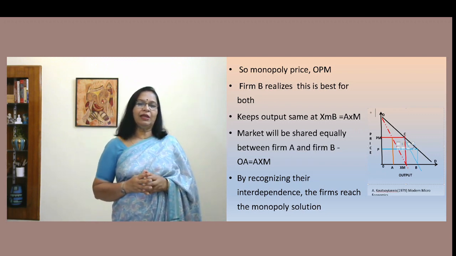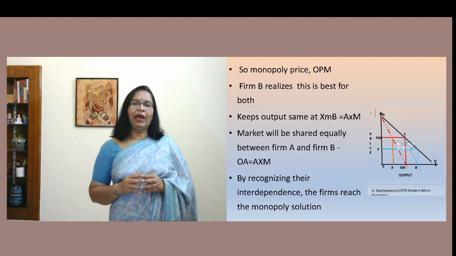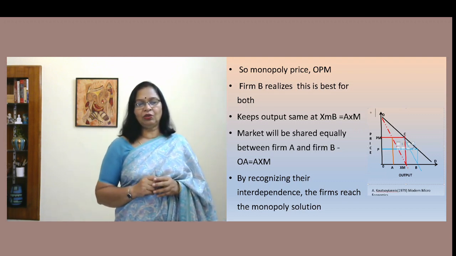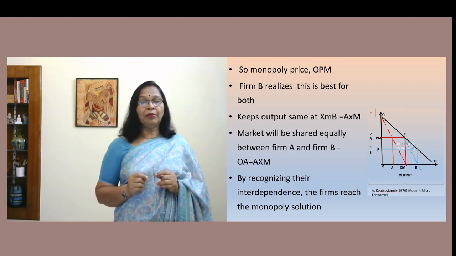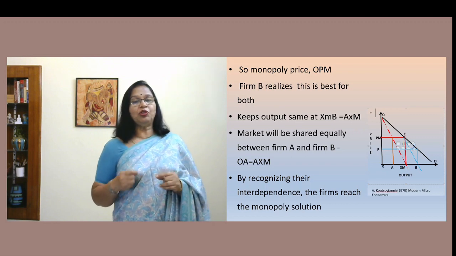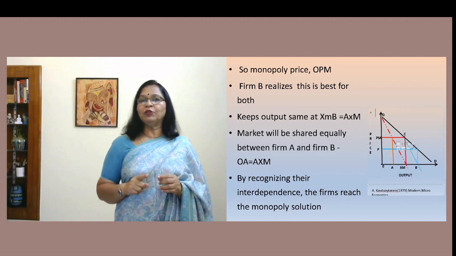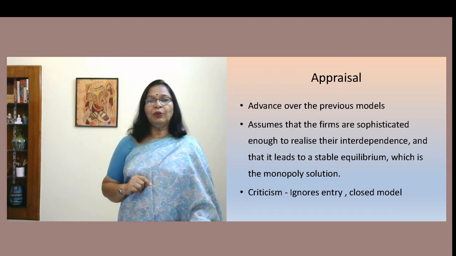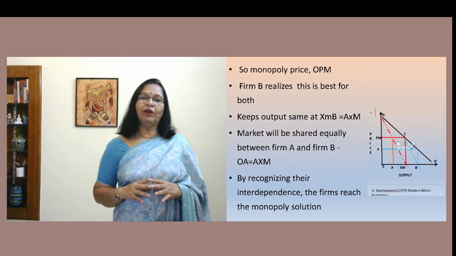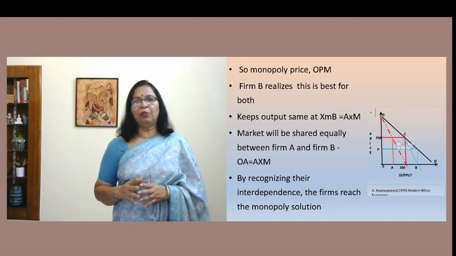When this happens, both the firms analyze this behavior, and they come to a monopoly solution. They are not willing to expand their output just because they want to produce more and make more profit. Rather, they are more careful that not producing so much may increase their profit. So by doing this, both the firms could reach monopoly price and monopoly output.